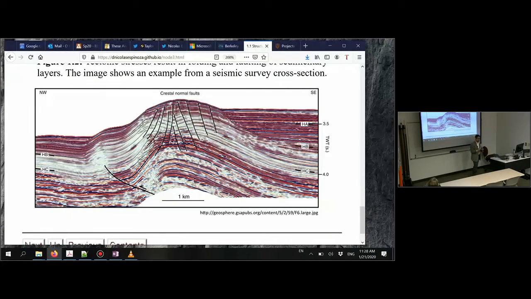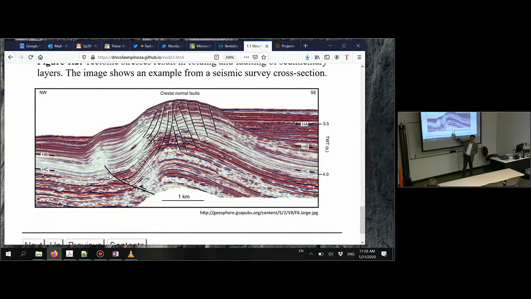So structural geology is very important for exploration, and we're going to see it's very important too for production and for injection of waste or injection of any other fluids in the subsurface. What happens when you, for example, reactivate a fault? Anyone knows?